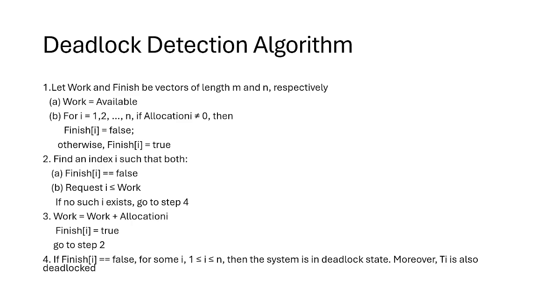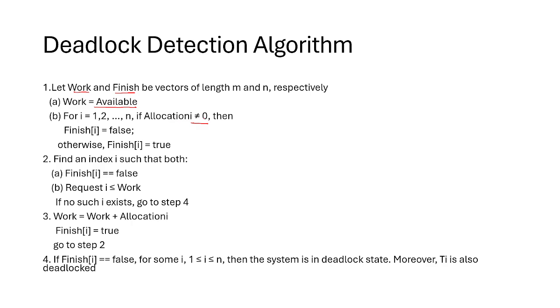Now we see the deadlock detection algorithm. First, let Work and Finish be vectors of length m and n respectively. Work is equal to Available. Then for i equal to 1 to n, if Allocation is not equal to 0, then Finish[i] is equal to false.